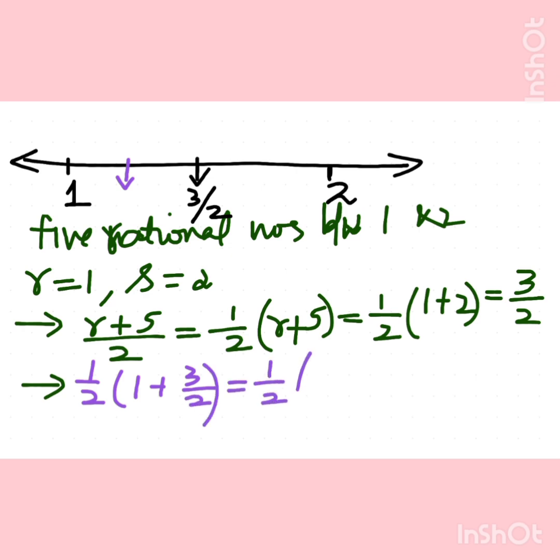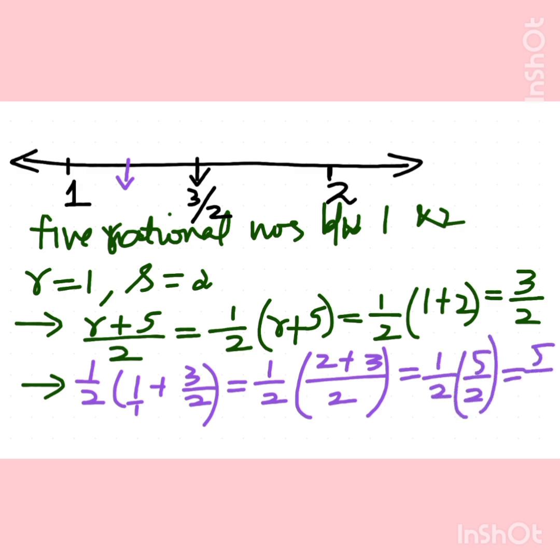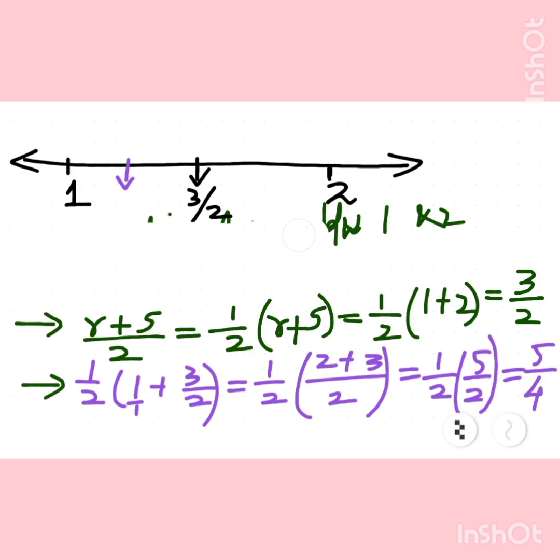Taking the LCM, 1 by 2 times (2 plus 3) divided by 2, which is 1 by 2 into 5 by 2. That's 5 upon 4, which lies between 1 and 3 by 2. That's the second rational number we got.